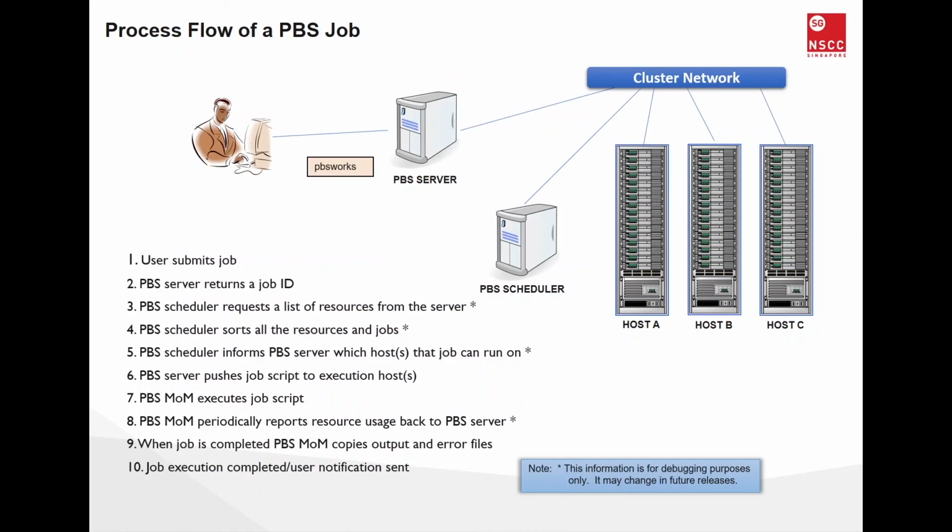These steps are very important to understand because once the job is submitted, it has to go through various stages, so the job state depends on the step where the job is in.